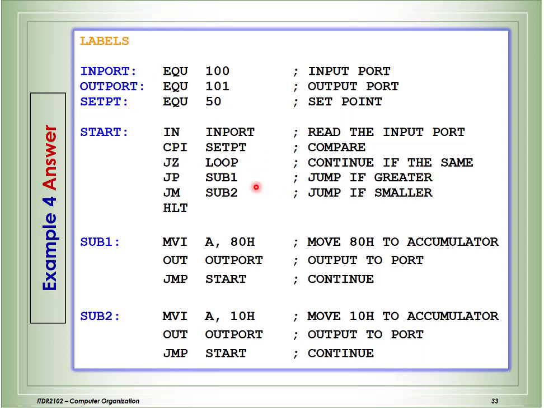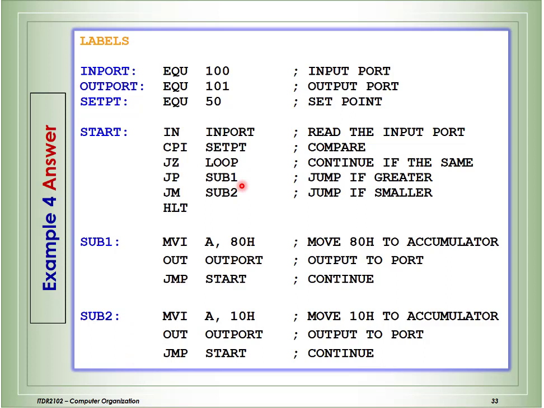The program will start, read the input port and then compare it with the set point. The set point is 50. If it is greater than 50, then control will move to sub1, and if it is smaller than 50, then the control will move to sub2.